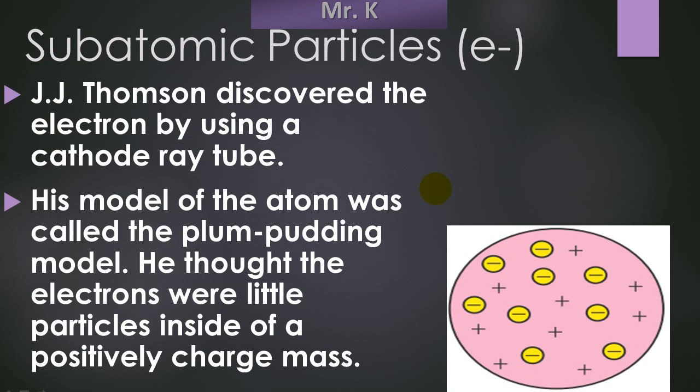What he ended up guessing, and he's wrong, but it was heading in the right direction, is that there's this mass of positively charged stuff, kind of like a sponge in a way, a spongy, slightly positive charged material, and inside there were little specks of higher concentration negative. So you have this light positive charge mass with little specks of electrons, these little particles of electrons that were inside this mass, and this is called the plum pudding model.